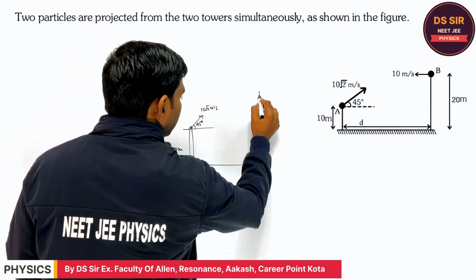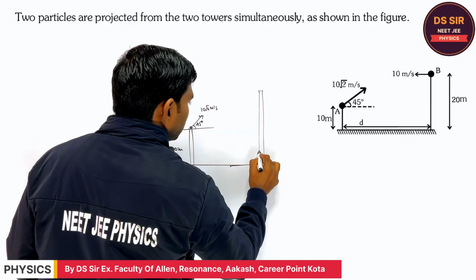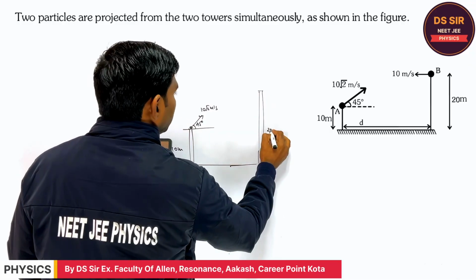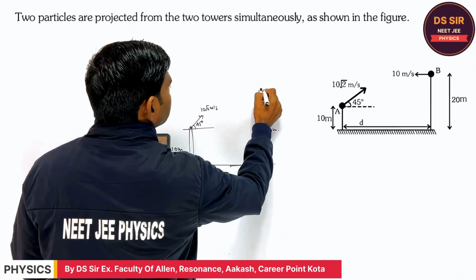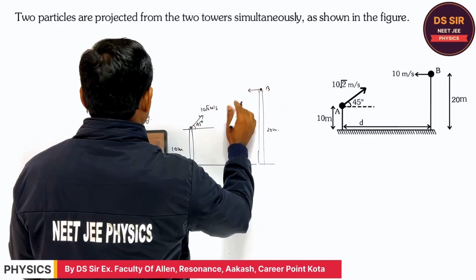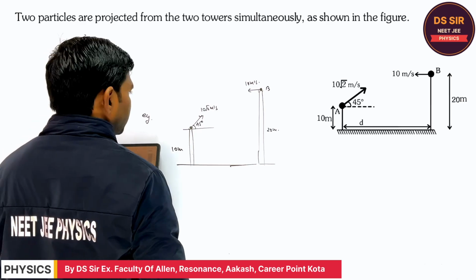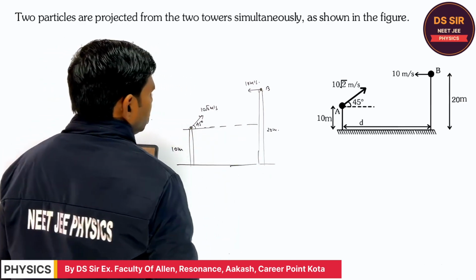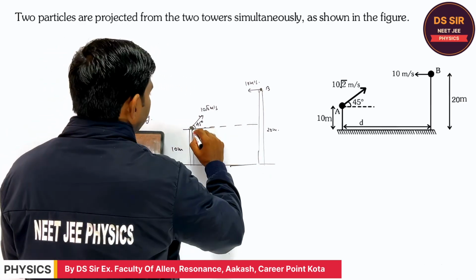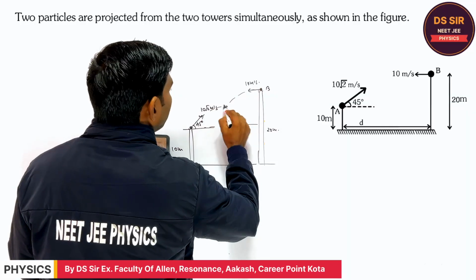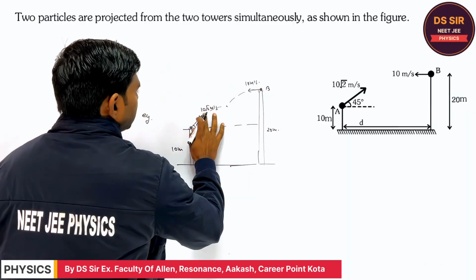And the other particle is on a tower of 20 meter, this is B, and it is thrown with velocity 10 meter per second. Is it clear or not? So they have to collide. They will move like this, and they will collide.